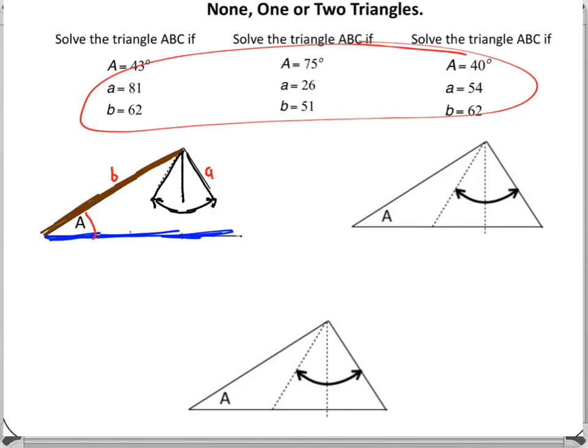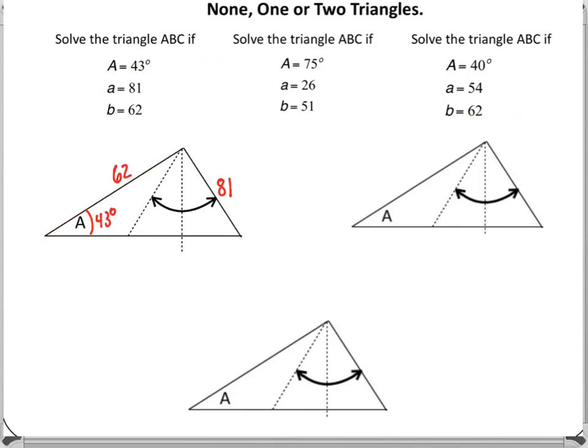So here we go. The first thing that I do is label out the sides, okay? And this triangle is just a template triangle. It's not proportional or anything like that. Don't worry about the size of the sides. It's just a visualization for us to see if this thing is going to work or not.